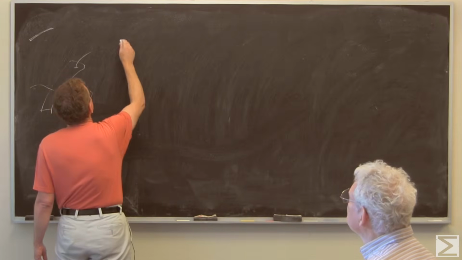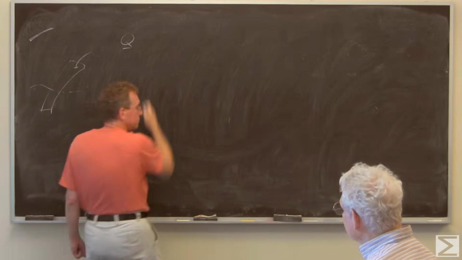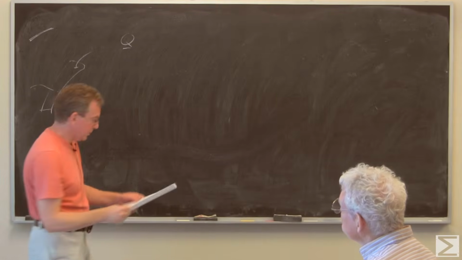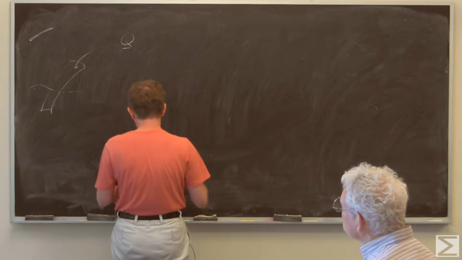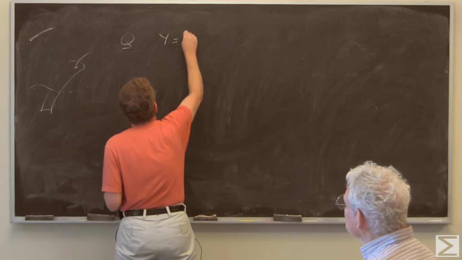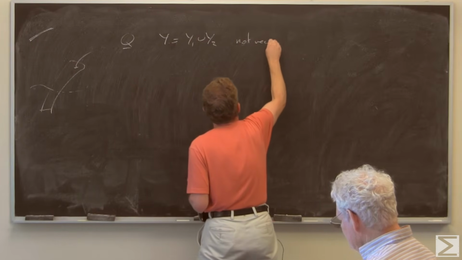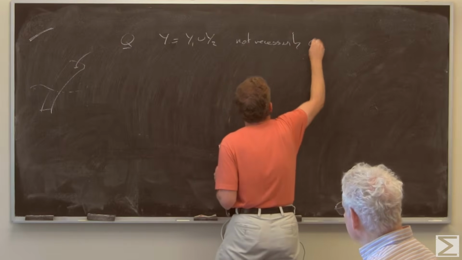So the question I'm posing is, suppose that a scheme, do I have notation for this? Probably I should follow my notation. Suppose you have Y1 and Y2. Suppose Y is Y1 union Y2, not necessarily disjoint.